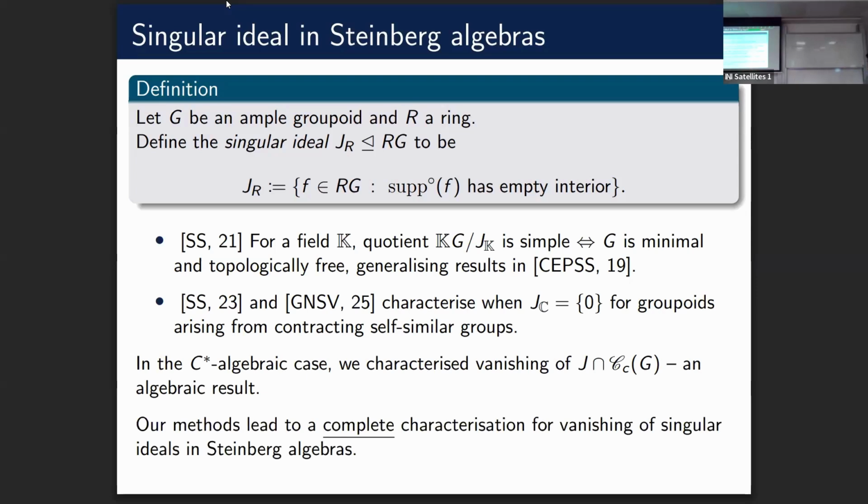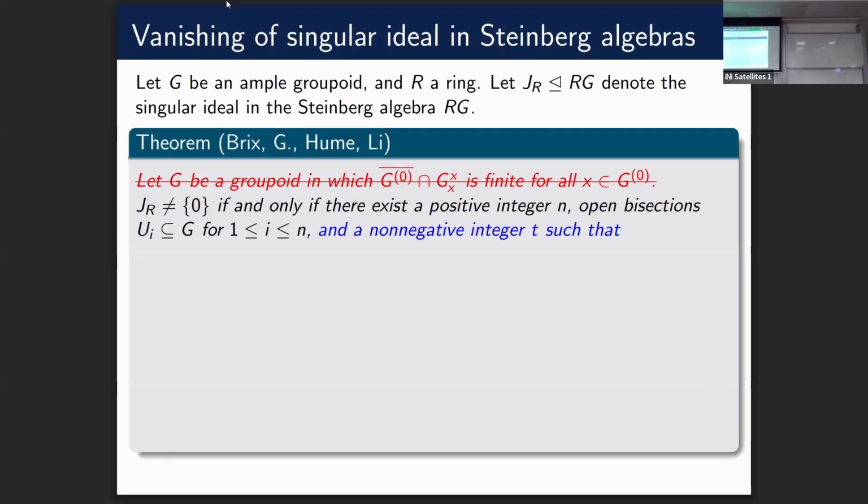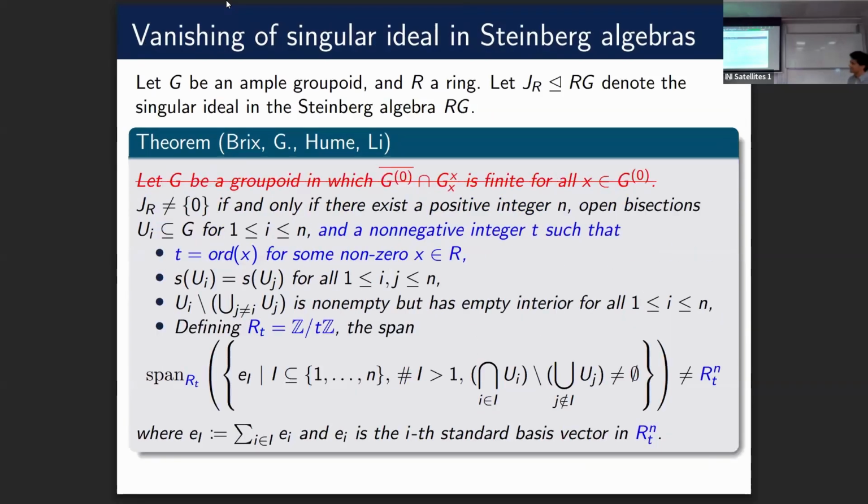Indeed they do. So there'll be a big technical theorem on the next slide that doesn't really matter. But the point is, you can completely characterize vanishing of the singular ideal in Steinberg algebras using the groupoid properties. So here's the big theorem. And I write this red line here because there are no longer any conditions on the groupoid.